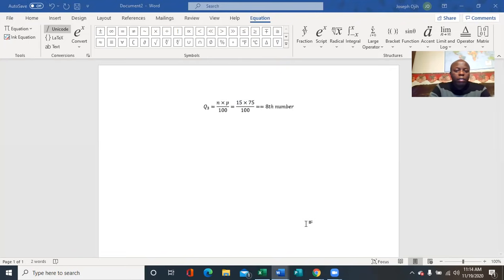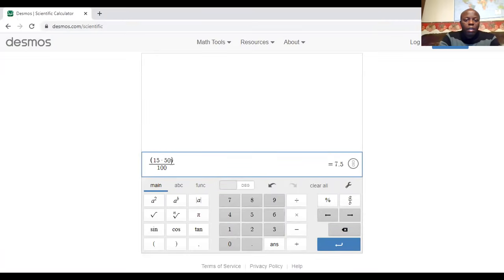So I take you to the Desmos calculator. I'm going to change this to 75. So that gives us 11.25. Remember, in algebra, this will give you 11. We are rounding off, but we're not doing that. We're going to the next. So long as you have a decimal part in your answer, go to the next number, which is 12.